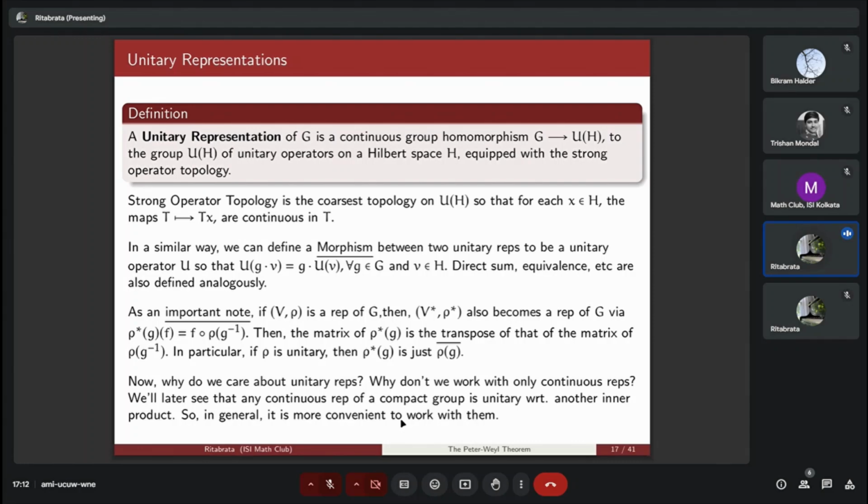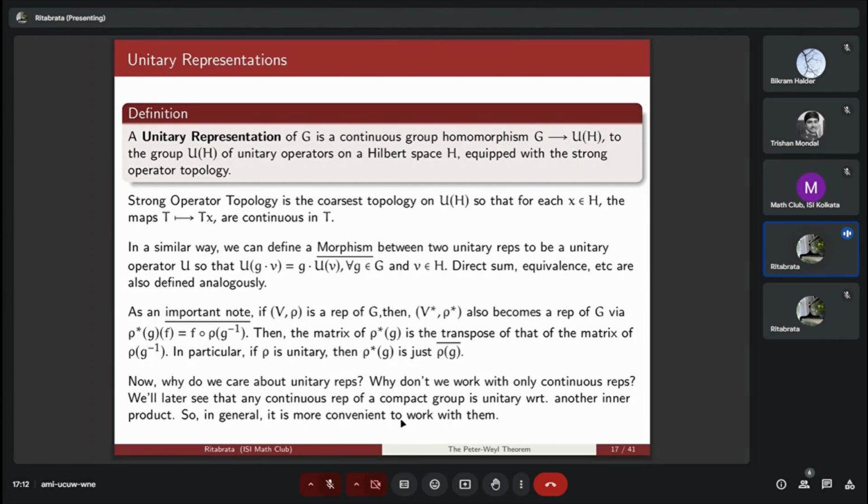Basically, if you have a group G acting on two Hilbert spaces H1 and H2, then a morphism between these two representations will be a unitary G-linear map from H1 to H2. This respects all the structures: it is G-linear, so it respects the group action structure, and it respects the topology because it's unitary.